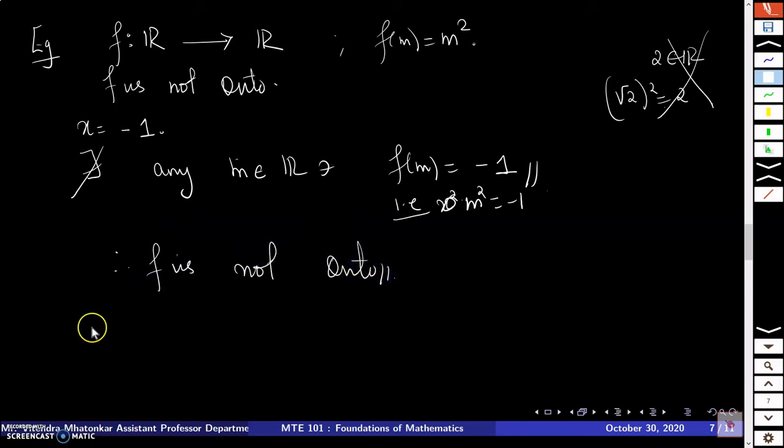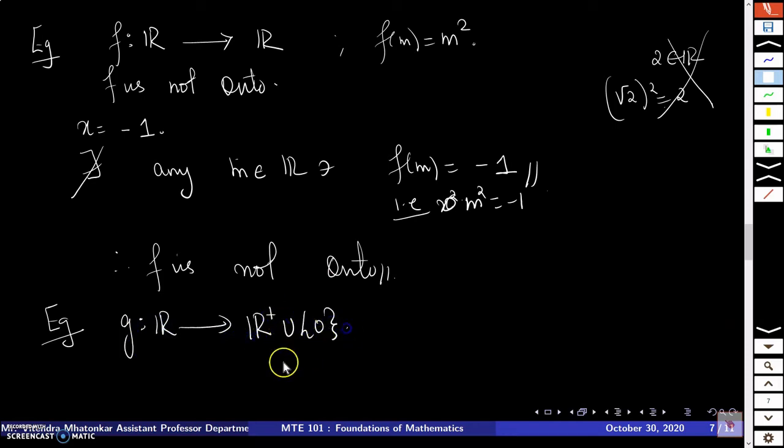right? But can I make it onto somehow? If I remove all the negative real numbers from here, then I'm done, right? So if I define G from R to the positive reals union 0, say, then every real number which is positive or 0 will have pre-images, right?